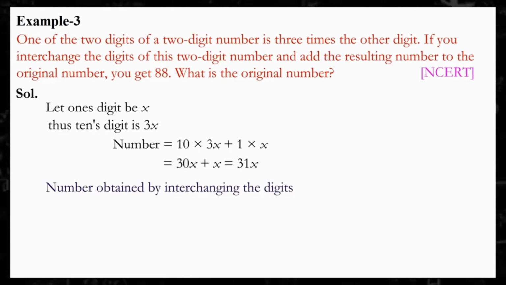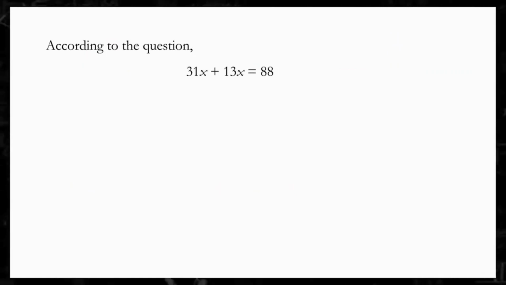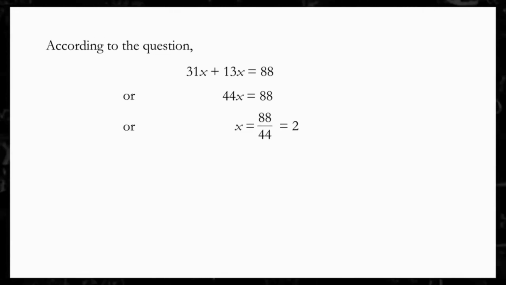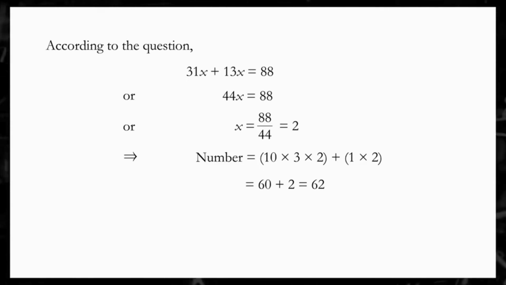Number obtained by interchanging the digits is equal to 10 into x plus 1 into 3x is equal to 13x. According to the question, 31x plus 13x is equal to 88, or 44x is equal to 88, or x is equal to 88 upon 44 is equal to 2. Implies number is equal to 10 into 3 into 2 plus 1 into 2. This is equal to 60 plus 2 is equal to 62.